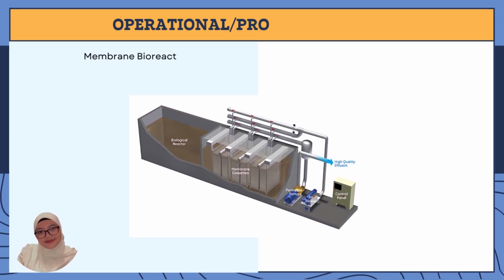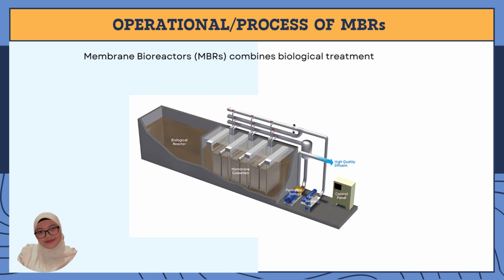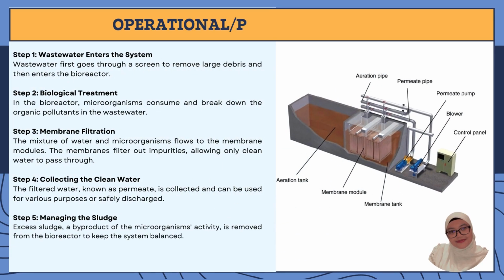For the operation or process of MBR, membrane bioreactors are a combination of biological treatment and membrane filtration for efficient wastewater treatment and recycling. The MBR process has 5 steps. First step, wastewater enters the system. Wastewater first goes through a screen to remove large debris and then enters the bioreactor.